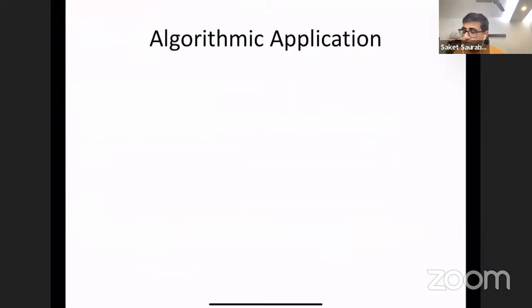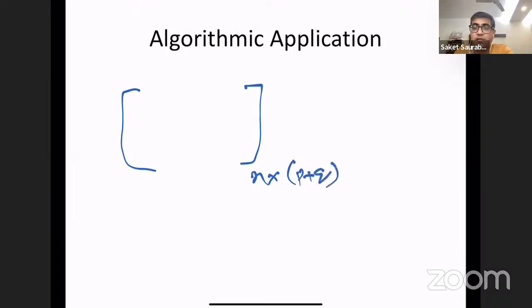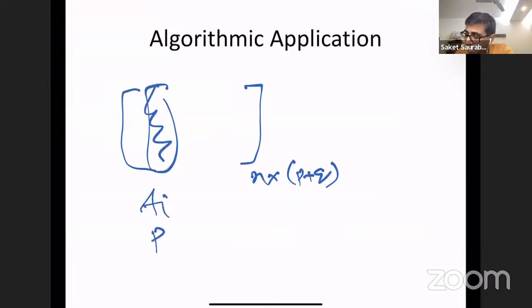Before I tell you an algorithmic application, there's a generalization of that theorem. Suppose you have n pairs of subspaces, in a space of dimension p plus q. Your Ai are subspaces of dimension p, and your Bi are subspaces of dimension q.